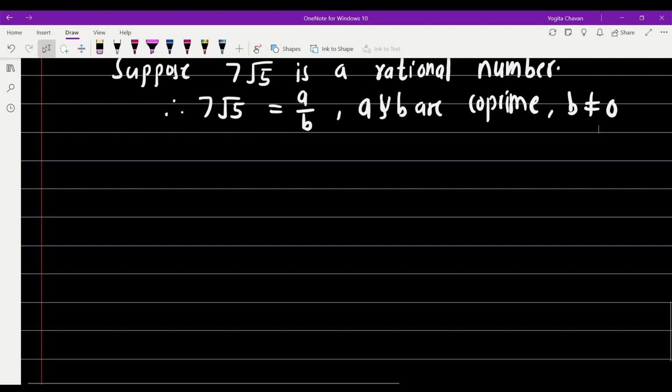So 7 into root 5 is equal to a by b. Therefore, root 5 is equal to a divided by 7b. Now again cancel common factors from numerator and denominator.